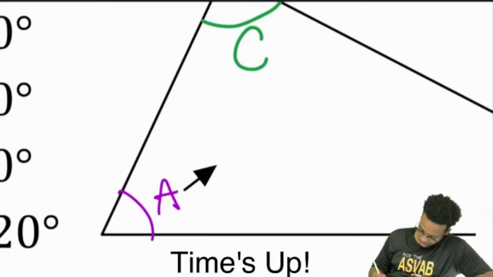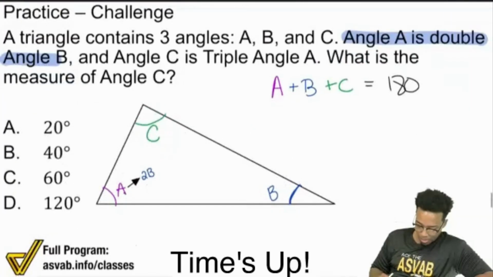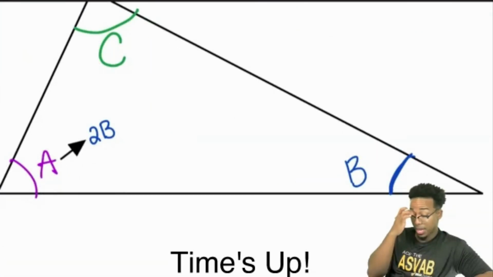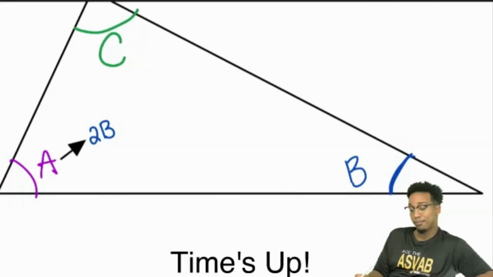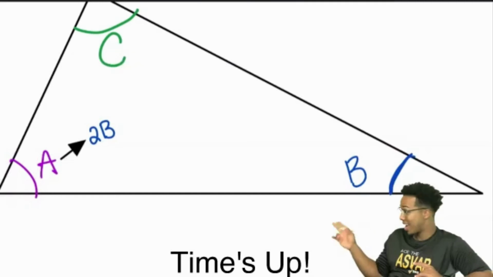We could say that it's double angle B, so we could say that it's 2B. Could we say that A is the same thing as saying 2B? Is that fair to say? We're just using the facts of the situation, saying exactly what the problem said. We just turned it into math. That's all we did. So don't point the finger at me. A is double angle B.